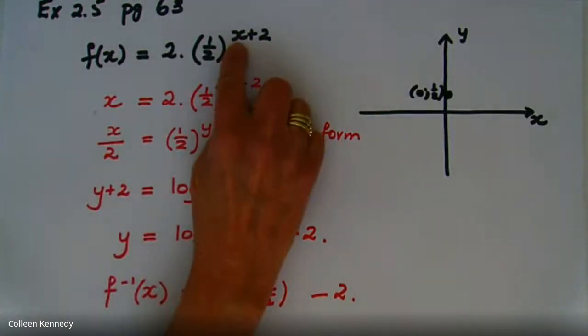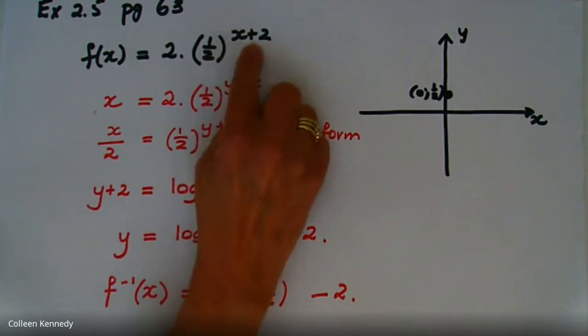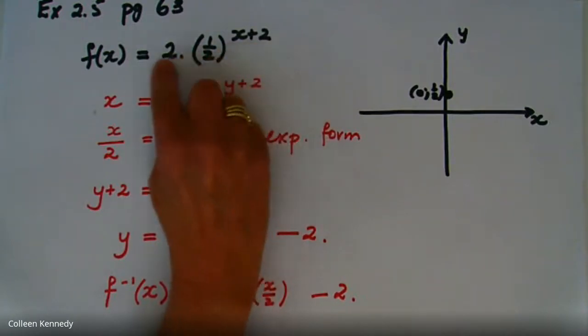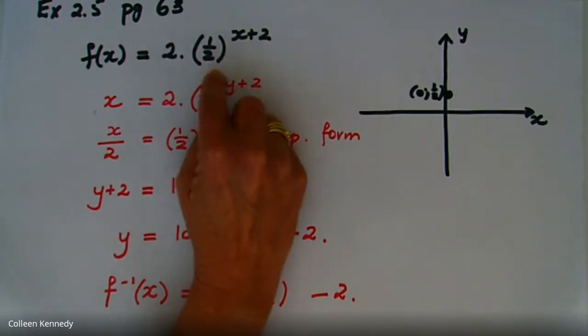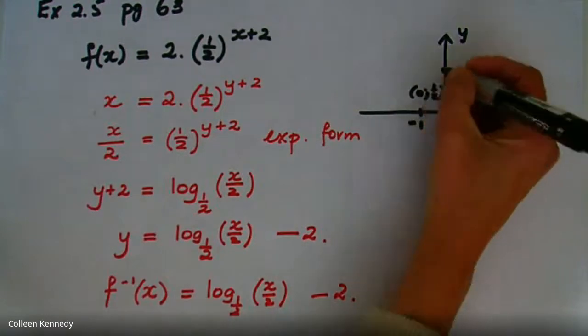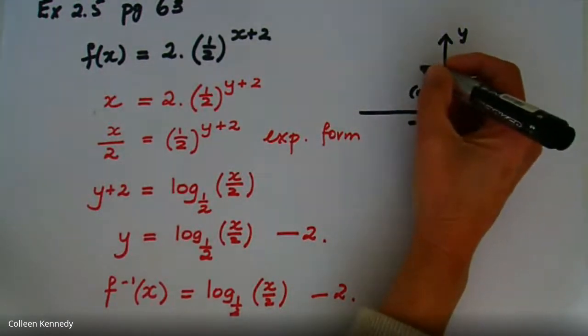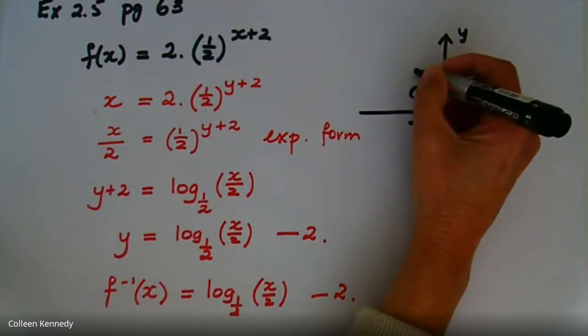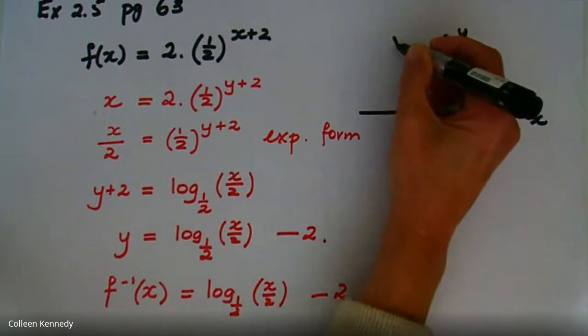Let x be minus 1 as your other point. If x is minus 1, then minus 1 plus 2 is going to give you 1. And a half to the 1 is a half. And a half times 2 is 1. So if x is minus 1, your corresponding y value is going to be 1. Okay, and that's all you need for an exponential graph.